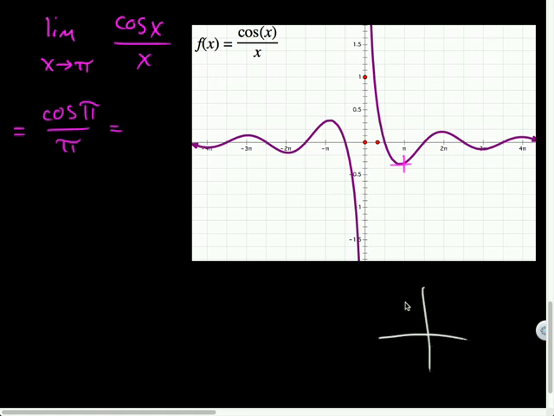At 180 degrees, we would be all the way over here. The coordinates would be -1, 0. Cosine is -1. Whew, good times. So that's equal to -1 over pi. And that's what the limit would also be approaching: -1 over pi.